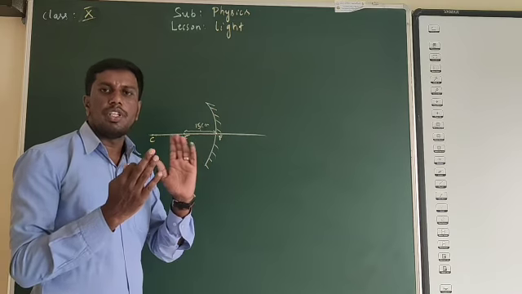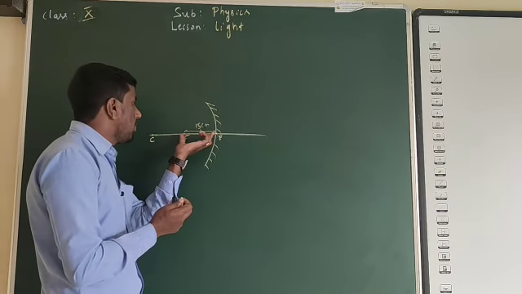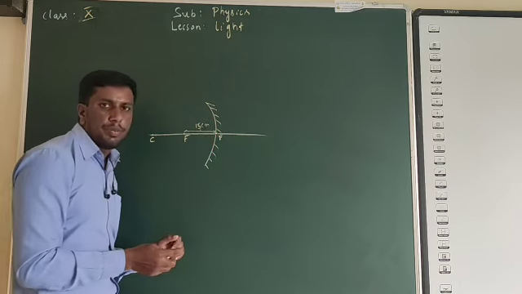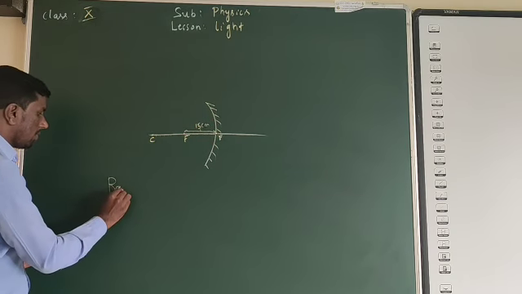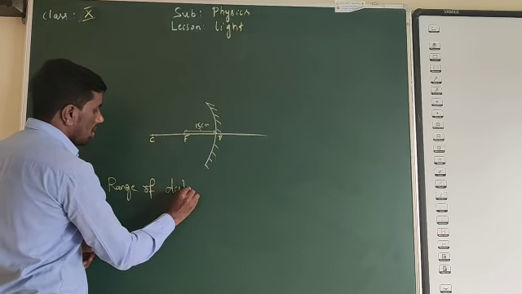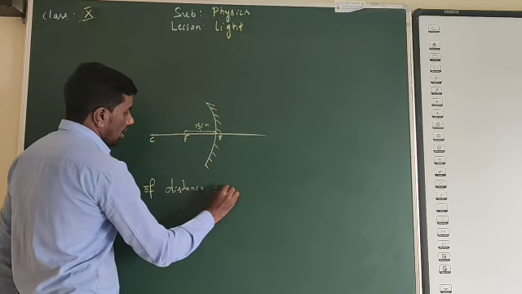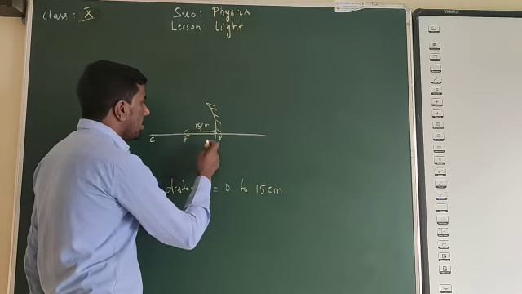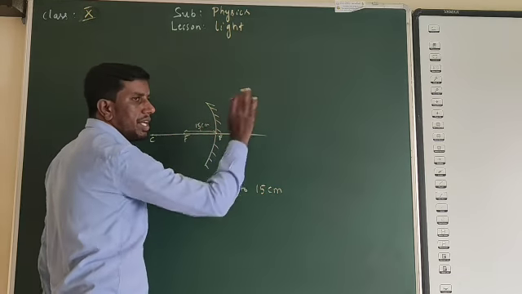So the range of distance will be 0 to 15 cm. If you keep the object between 0 to 15 cm, you will get the erect image.